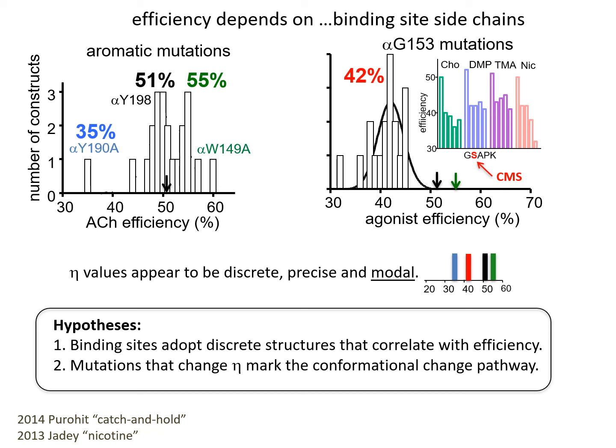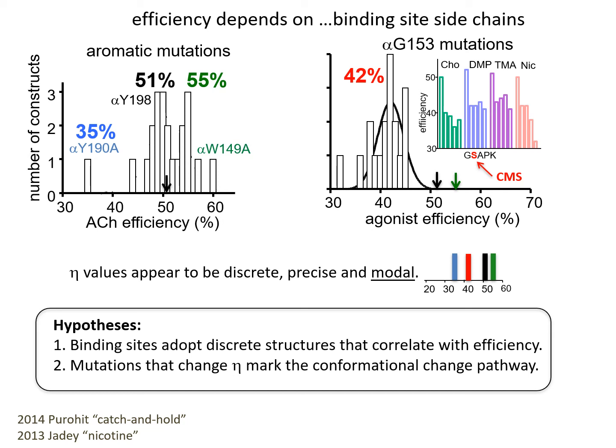And it doesn't go to 70% efficiency, or it doesn't go to 25% efficiency. It's like a spectrum, so that the efficiency map of a binding site is sort of like a spectrum or a barcode of that binding site, is our hypothesis. And of course, to confirm this, we need to measure many more agonists.